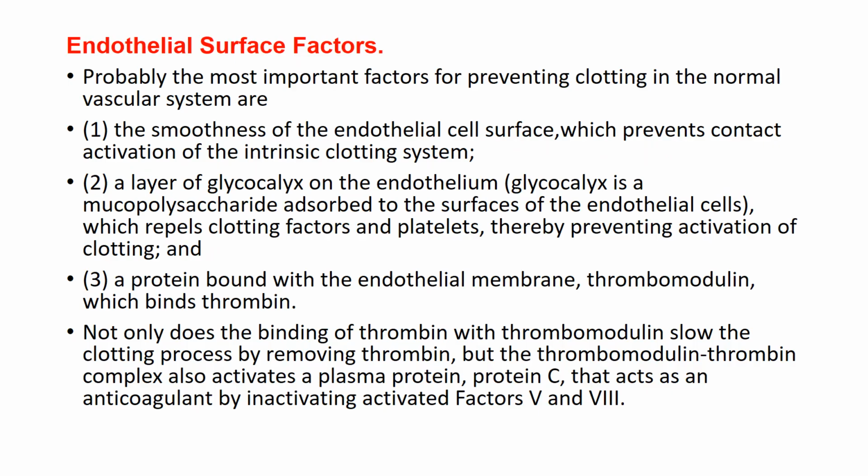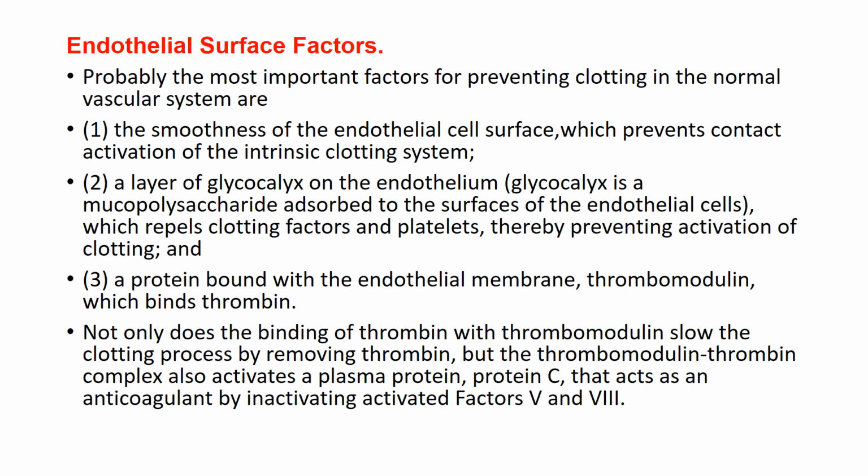Endothelial surface factors. Probably the most important factors for preventing clotting in the normal vascular system are: 1. The smoothness of the endothelial cell surface, which prevents contact activation of the intrinsic clotting system. 2. A layer of glycocalyx on the endothelium. Glycocalyx is a mucopolysaccharide adsorbed to the surfaces of the endothelial cells, which repels clotting factors and platelets, thereby preventing activation of clotting.